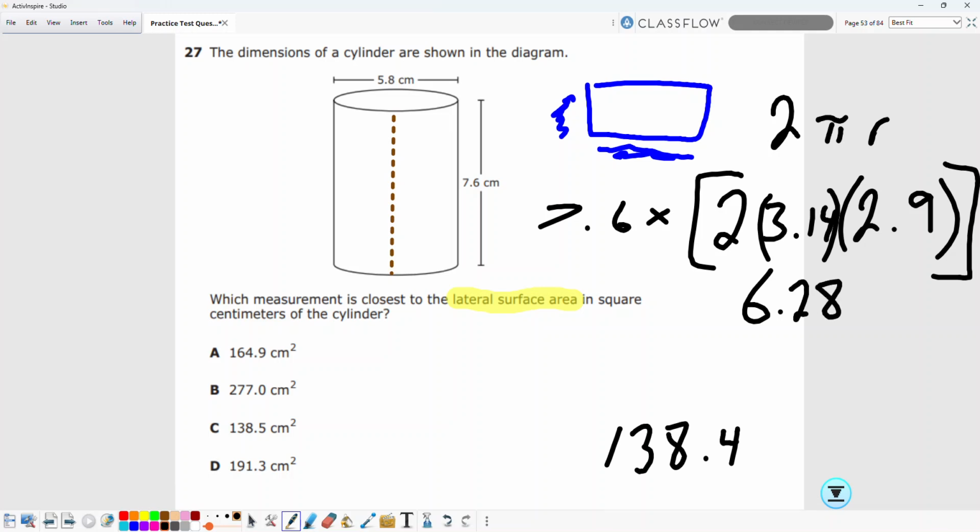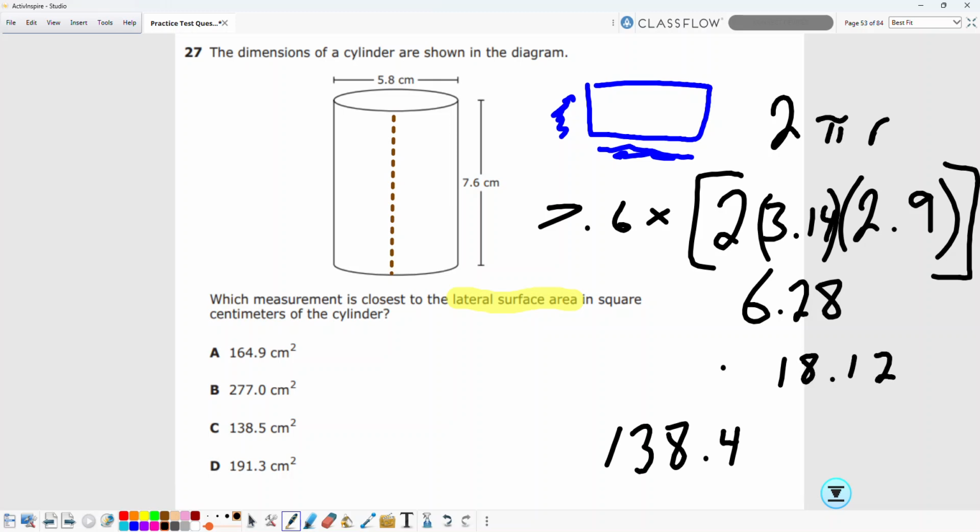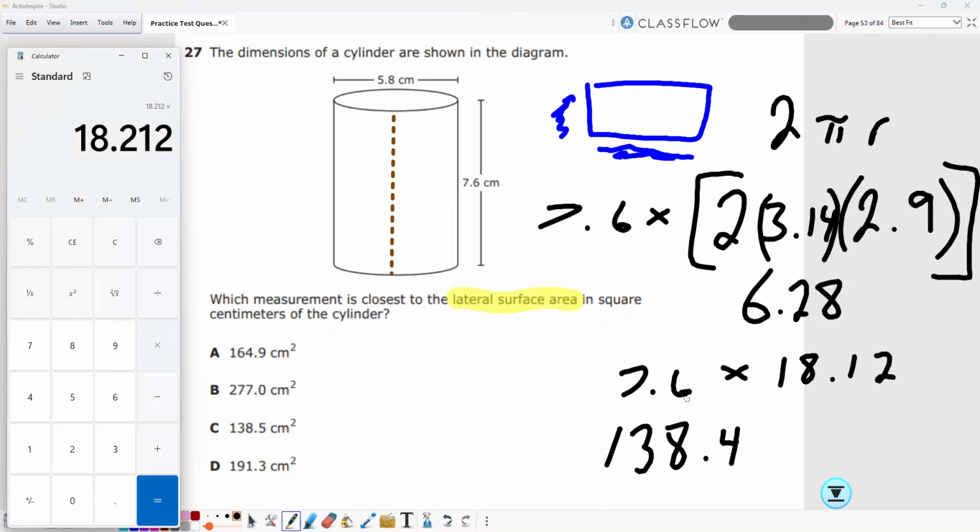So we have 6.28 times 2.9. So that gives 18.12, times 7.6. And indeed, you do get the same answer.